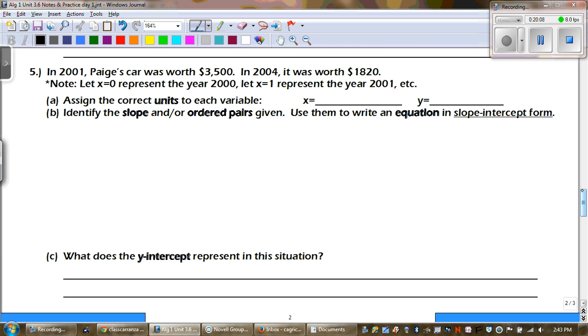Number 5. In 2001, Paige's car was worth $3,500. In 2004, it was worth $1,820. Once again, x equals 0 represents the year 2000, x equals 1 represents 2001, etc., etc. So, just like the last one, x is our year and y is our money.